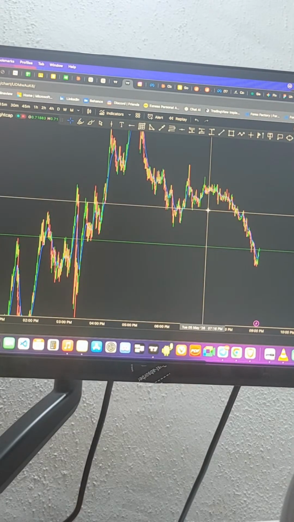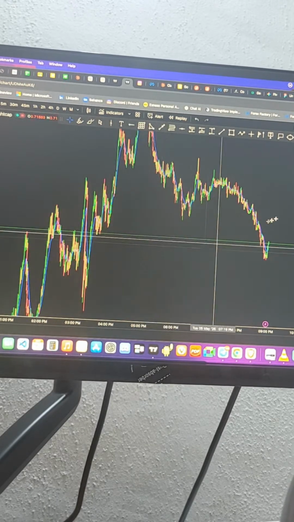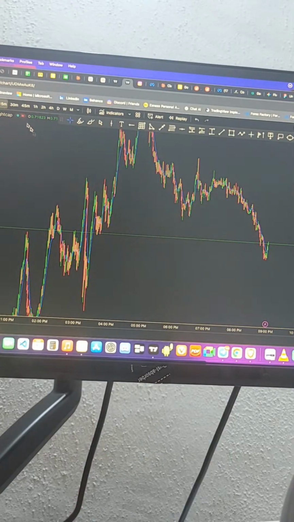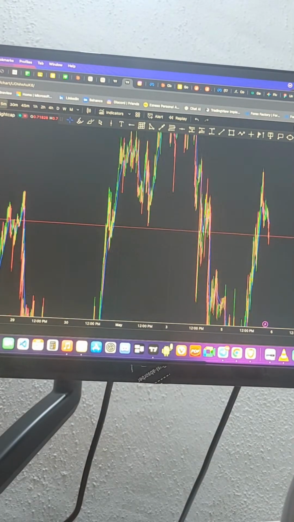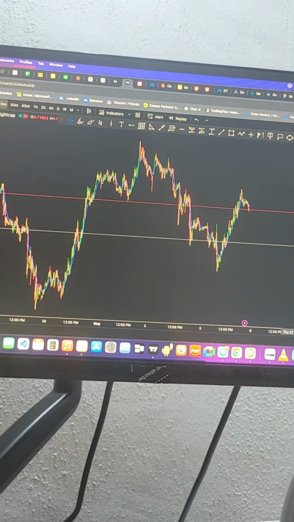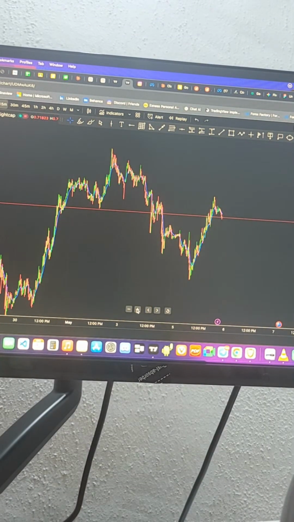So on AUD USD, let me show you guys where I might get involved in this trade.